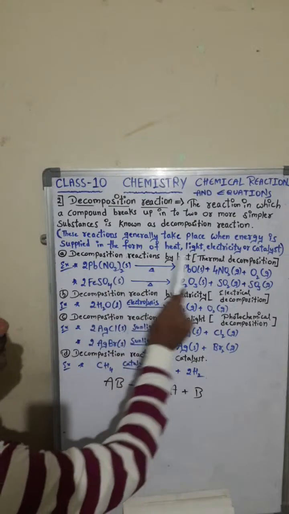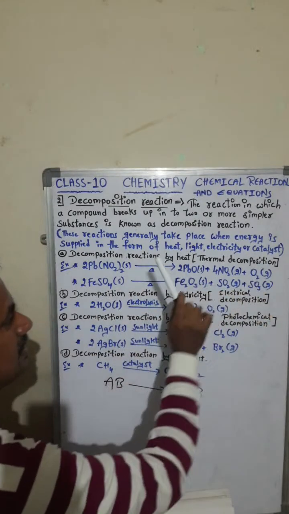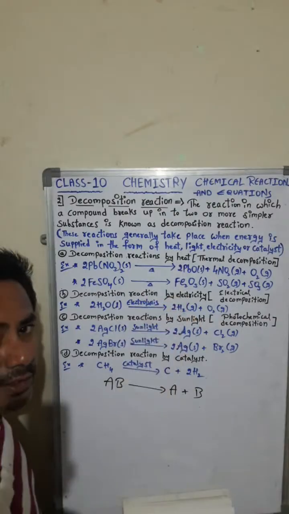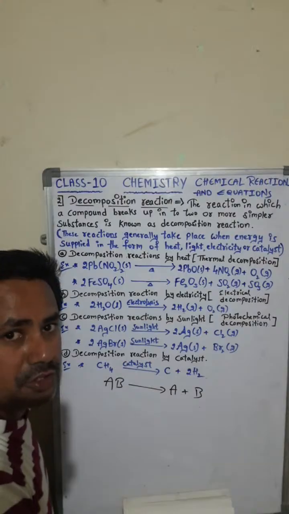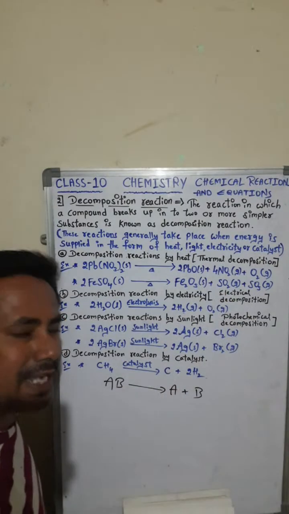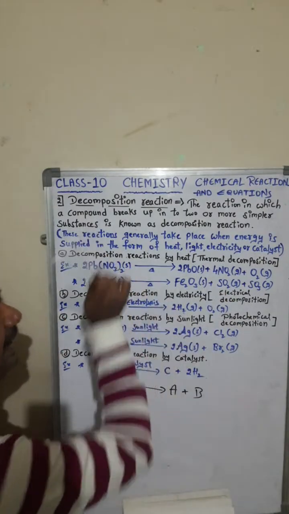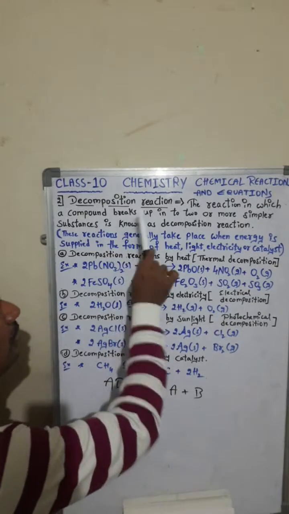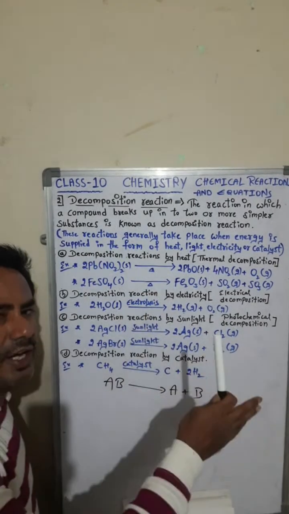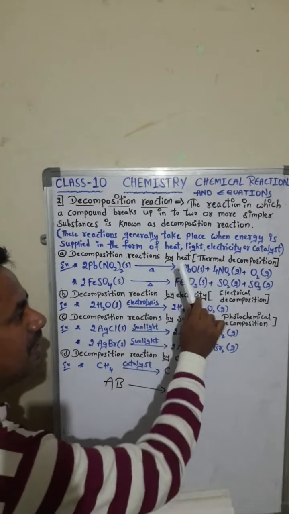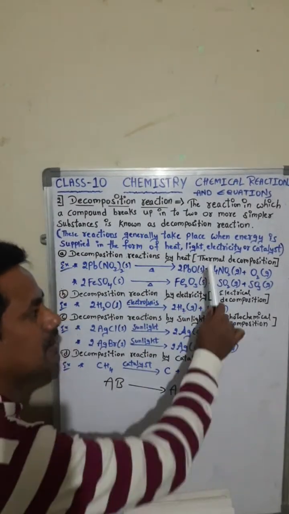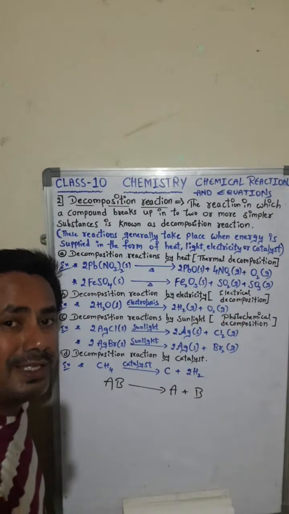Heat, light, electricity, catalyst. With heat, if we break down that compound, that is known as thermal decomposition. It is in-depth knowledge, students. In class 10, they have told only combination reaction and decomposition reaction, but in depth, decomposition reaction takes place by heat. It is called thermal decomposition. Thermal means heat.